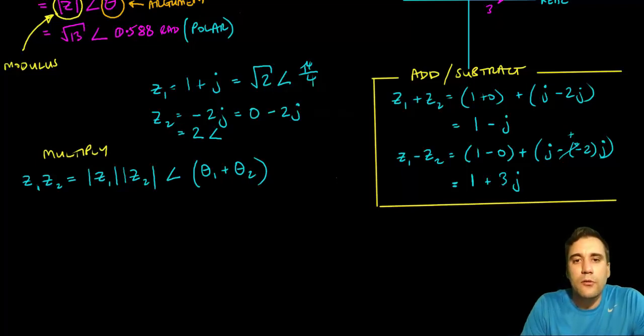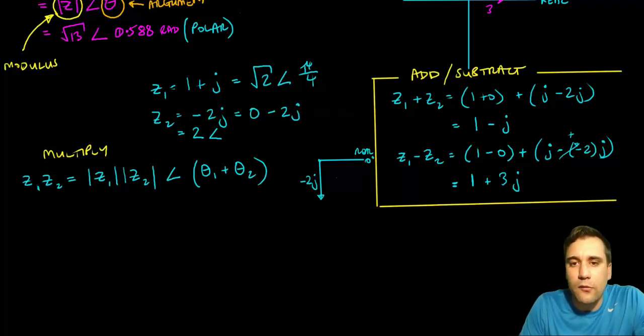Now this one is interesting because remember it's negative 2j. So if we think of this visually, what we've got is negative 2j, and that's it. We don't have any real component. So what does that mean for us? Well, it's pretty simple. If we think of it in terms of real, that's 0 degrees, right? That's the reference.